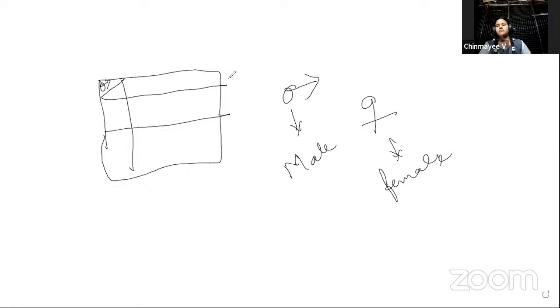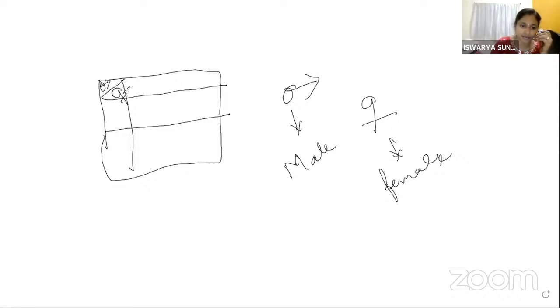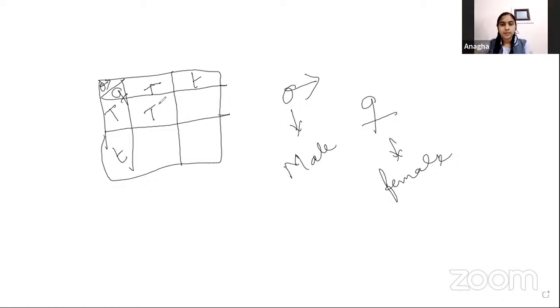Okay. So I'm going to represent this as male and female. I'm going to divide it into 4 boxes. Capital T, small t, capital T, small t. Now what will come in this box? Capital T, capital T. Okay, what will come in this box?